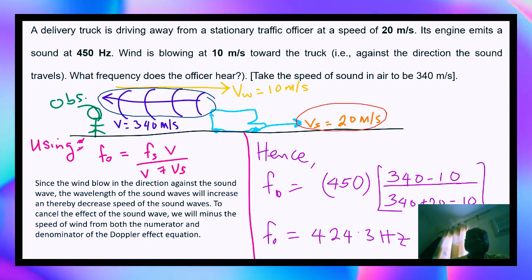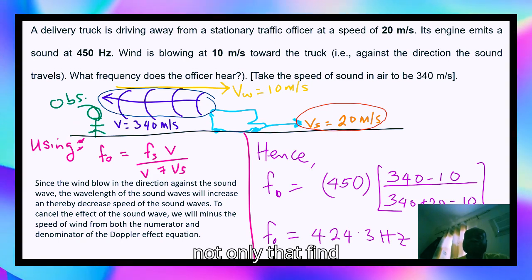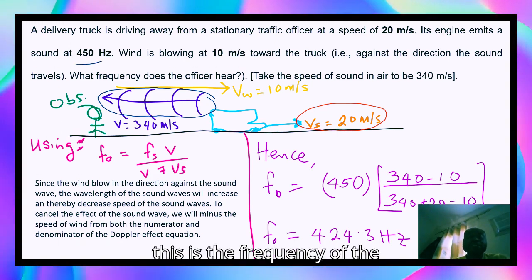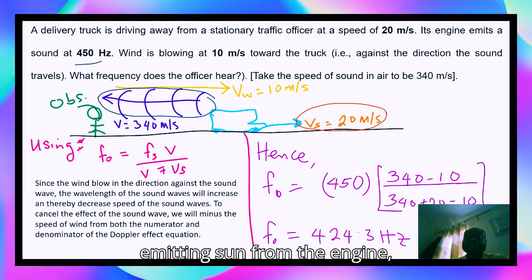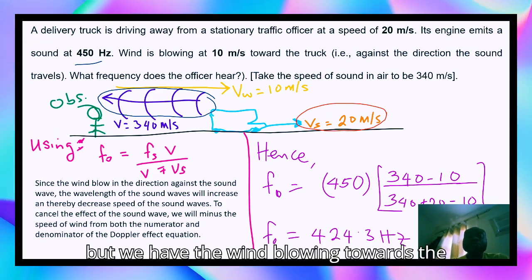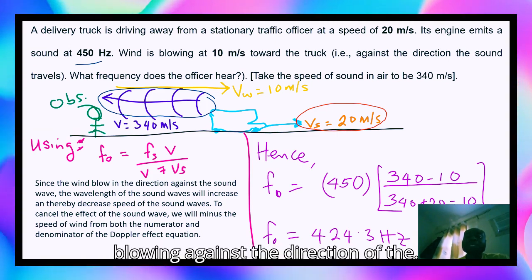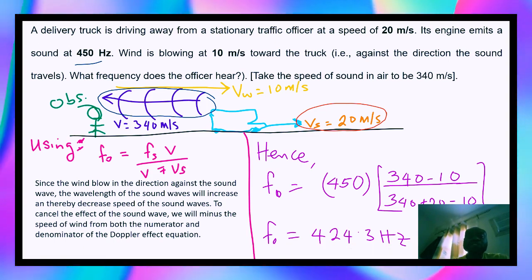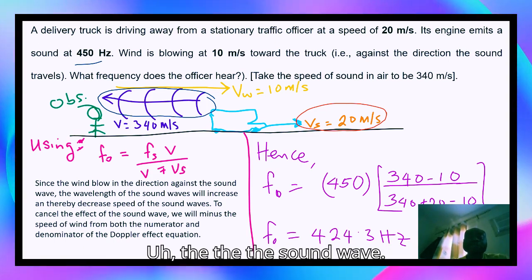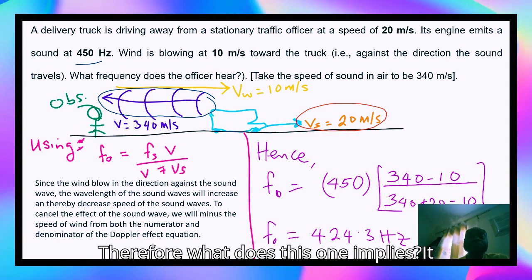Okay, then not only that, this is the frequency of the emitting sound from the engine, but we have the wind blowing towards the truck in this way. It is blowing against the direction of the sound wave. Therefore, what does this imply?